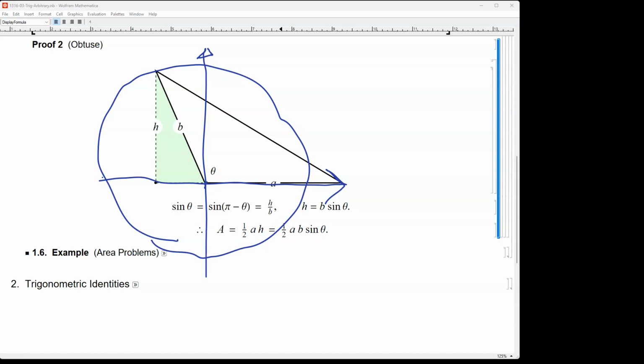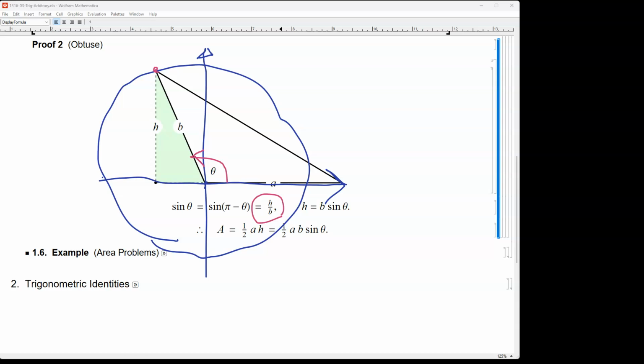Okay, we have the angle theta. It's an obtuse angle, going up to here. And then this point here, in terms of coordinate, the x coordinate I don't have to figure out at this moment, but the y coordinate is h, that's height, and radius is b, so sine is h over b, vertical over radius.